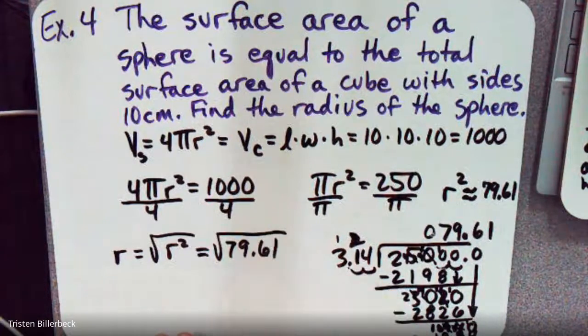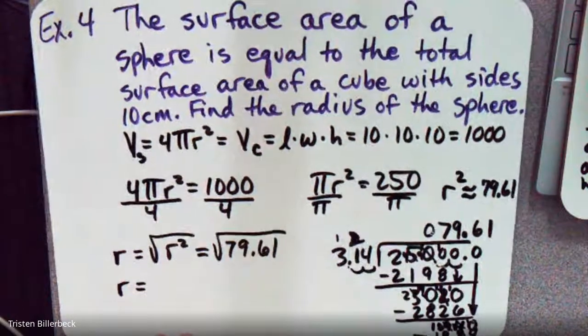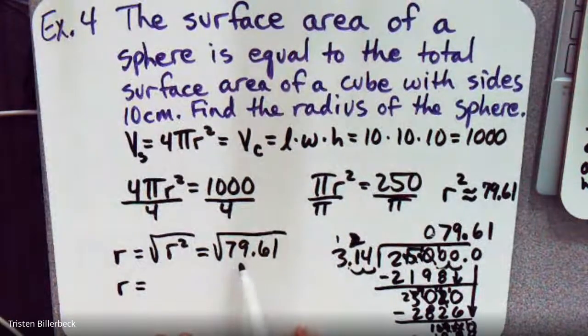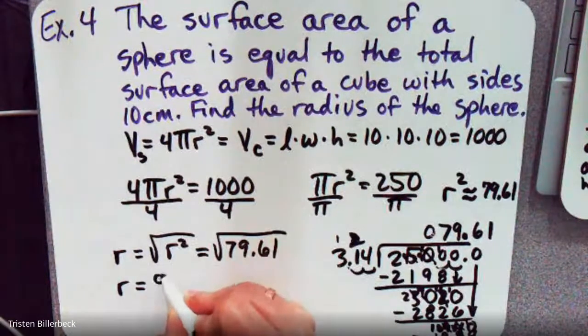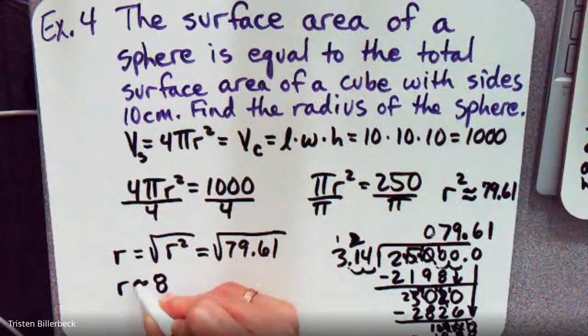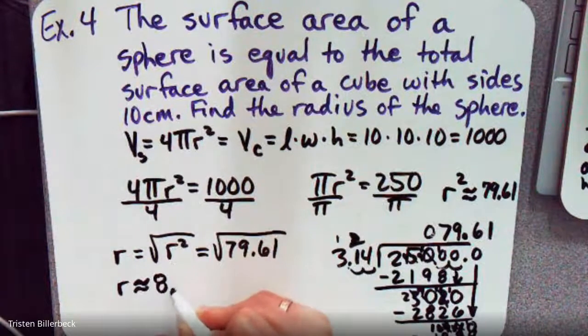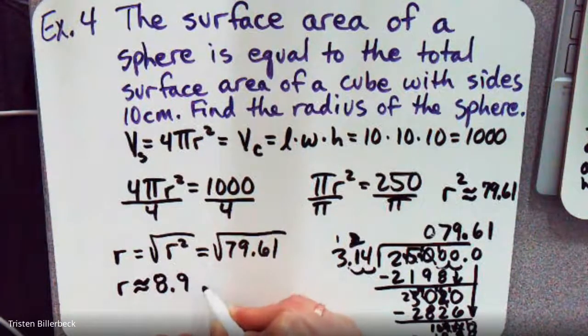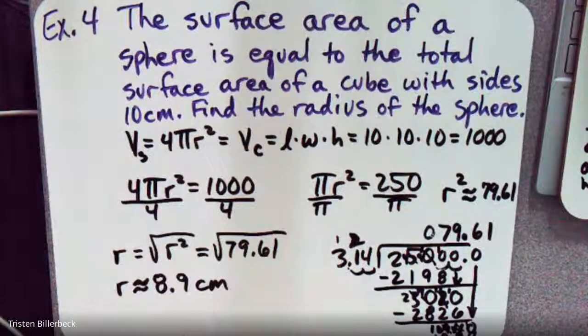And just for schnickers, I am going to estimate. So this is very close to 81, which we know the square root of 81 is 9. So I am going to say this approximates to 8.9 centimeters.